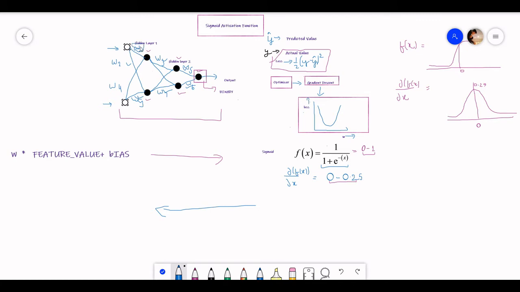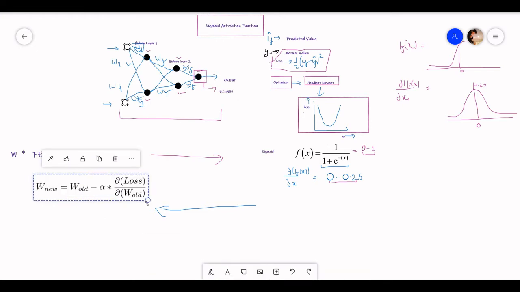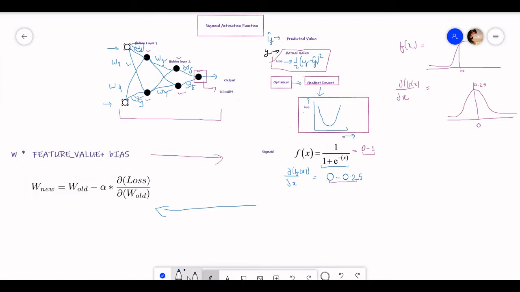To update W1 in back propagation, we have a formula to update our weights. We have this formula in our back propagation.